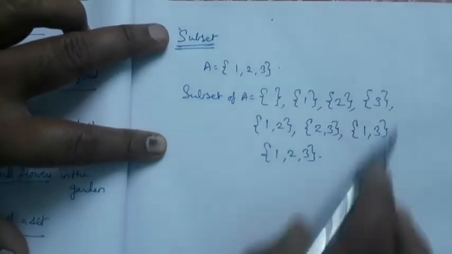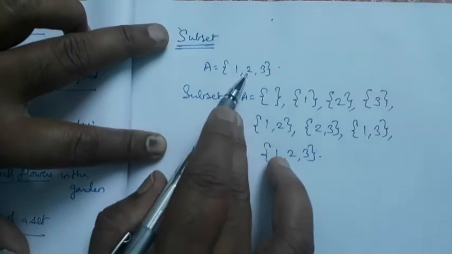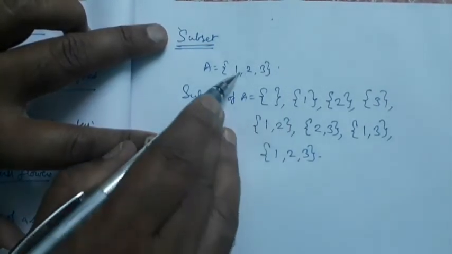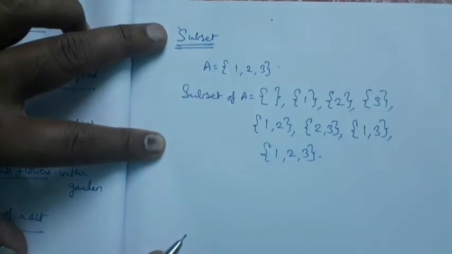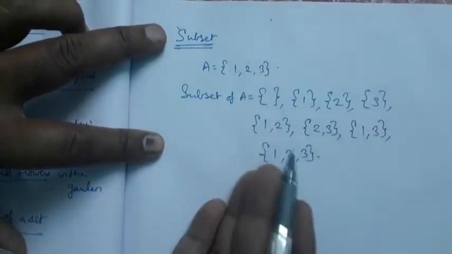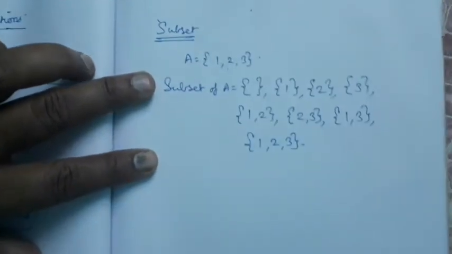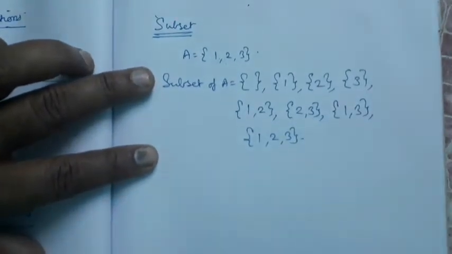So these are the sets framed from this set, isn't it? These sets are inside this set, so these sets are subsets of this set A.